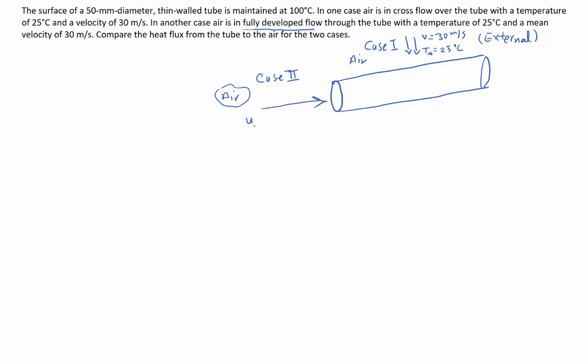So I have an average velocity of 30 meters per second and a mean temperature of about 25 degrees C. So as you see, there are similarities between the two cases: the average velocity is the same and the temperature of the flow is the same. We want to figure out how the heat flux is compared between these two situations.